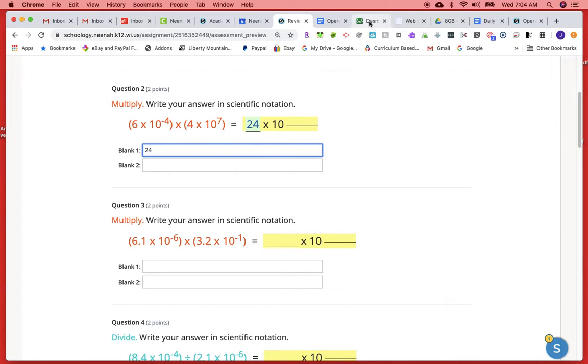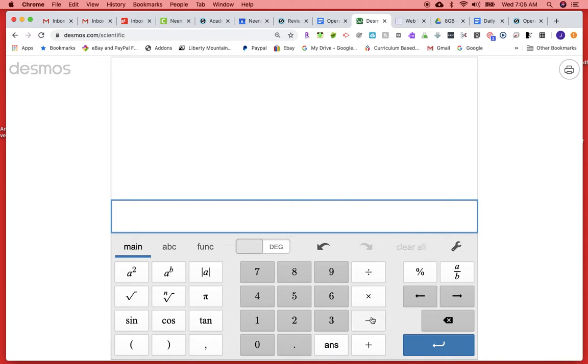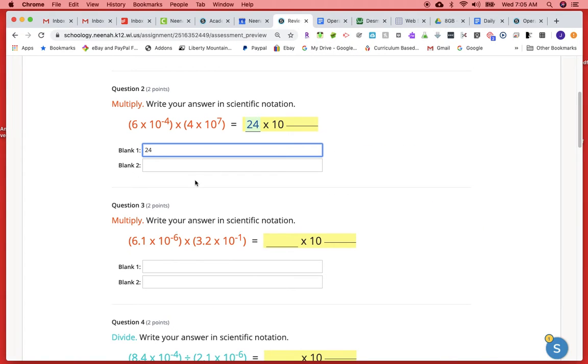If you need to go into the calculator, negative 4 plus 7 is positive 3. Just as a reminder, when you're using decimals, you don't need to put an equal sign. It'll automatically do it as you input your numbers. So our exponent is 3.